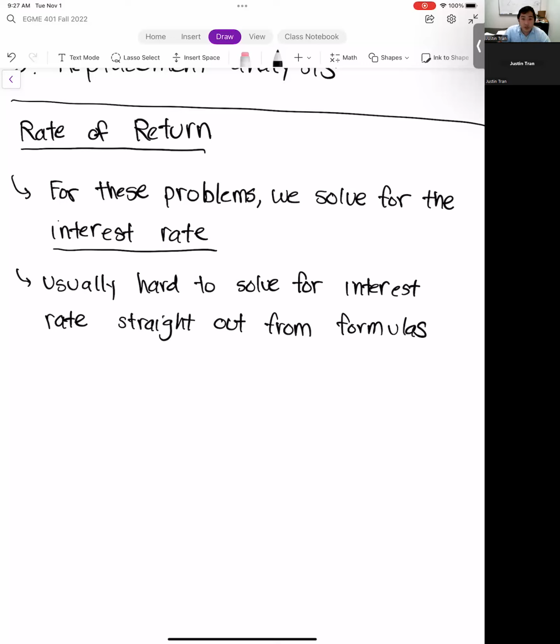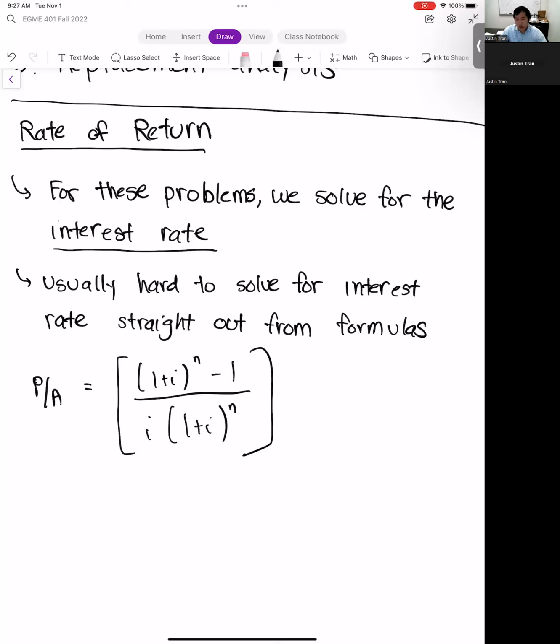Okay. And so even for a very simple case, let's look at a case where we use a P over A conversion. Okay. And so P over A, and so let's say that we set up a present worth equation. And so we end up with a formula that looks like the following: 1 plus i raised to the n minus 1, divided by i times 1 plus i raised to the n.